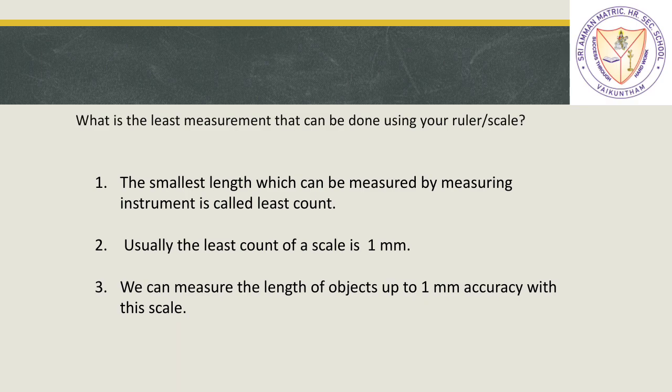If its least count is 2 mm, you cannot measure 1 mm using that instrument. If any scale has a least count of 1 centimeter, you cannot measure 0.5 centimeter accurately. So the least count is the least amount of quantity you can measure using that measuring instrument.